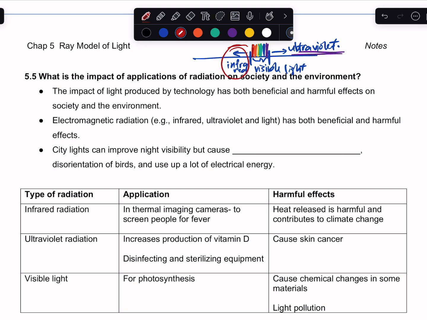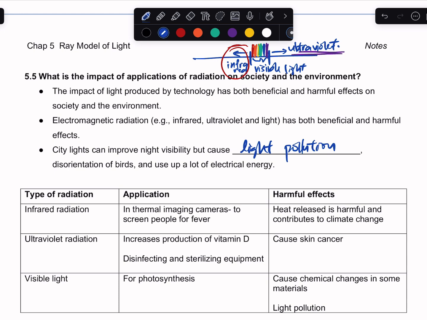So electromagnetic radiation on the whole has both beneficial and harmful effects. One example that is easy for you to understand is that city lights can improve night visibility, but they cause light pollution. Now, this is an issue, especially for big, very busy cities like Singapore, Hong Kong.